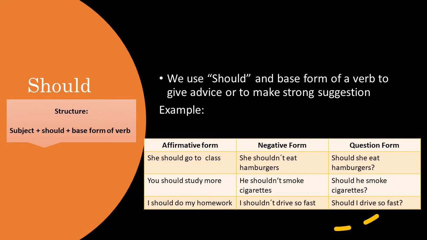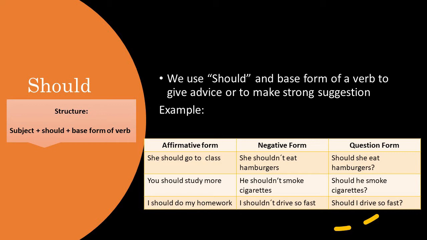For example, if I want to say an affirmative sentence, I'm going to say: she should go to class. You should go, you should study more. I should do my homework.